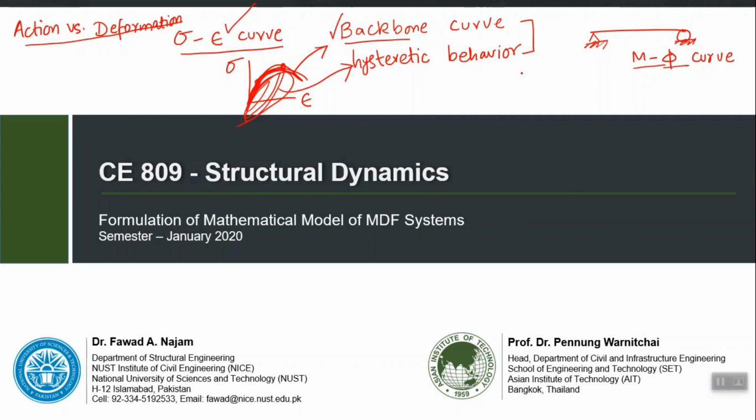So you tell the program that this is my backbone curve, and whatever cyclic behavior I am giving should be encompassed by that backbone curve. Whatever cyclic behavior you give, it is always going back to that backbone and then coming back. So that's why it is called the backbone curve.